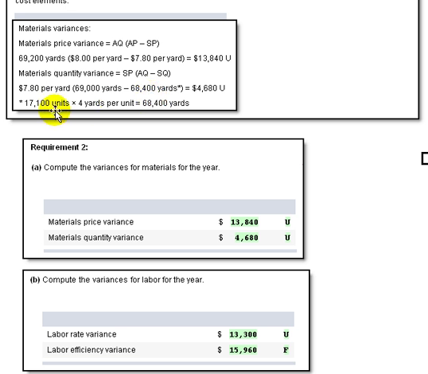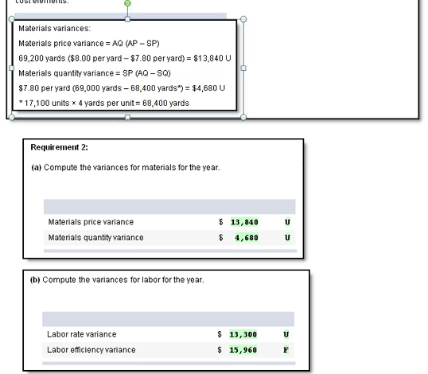And how we derive that is we would take the 17,100 units we made times 4 yards per unit, and that comes up with 68,400. Okay? So we need to sort of solve these piecemeal before we can come up with the final answer, and we get $4,680 when we work through those calculations. Okay, then on part B, it says compute the variance for labor for the year.